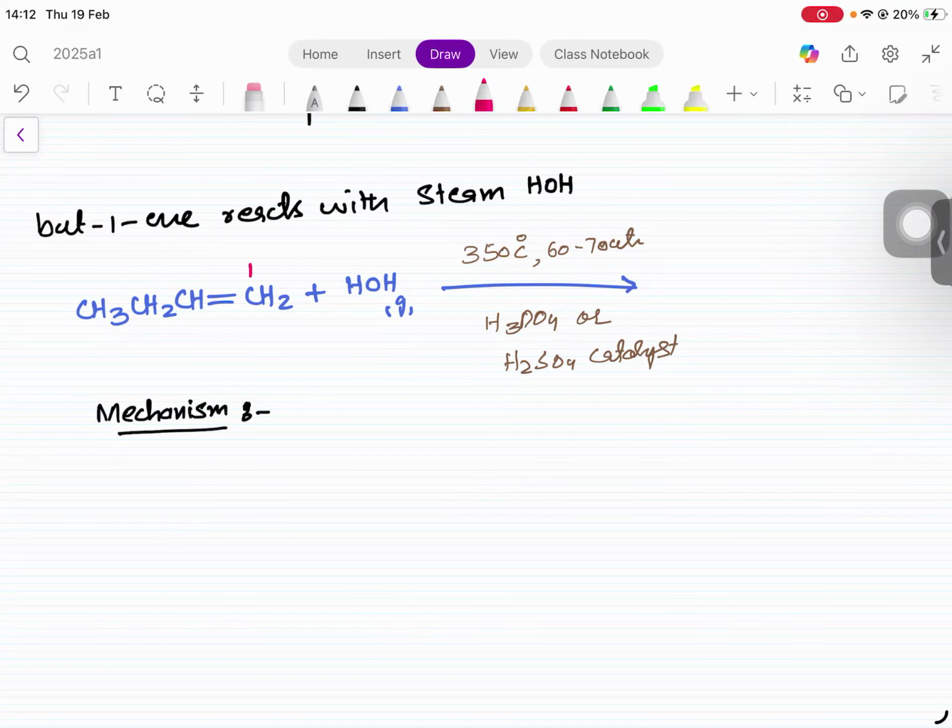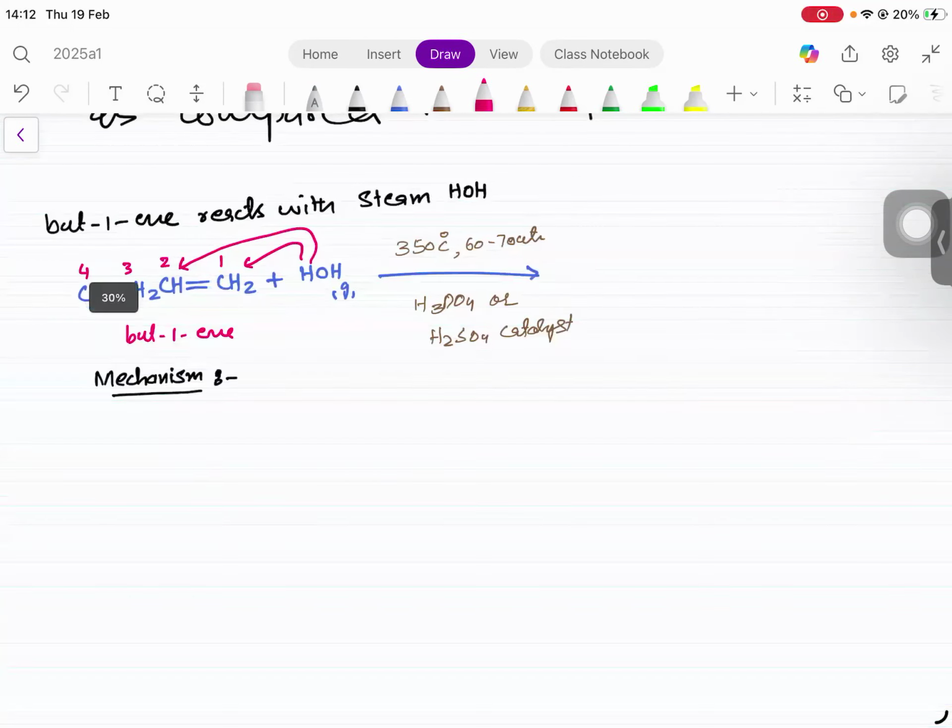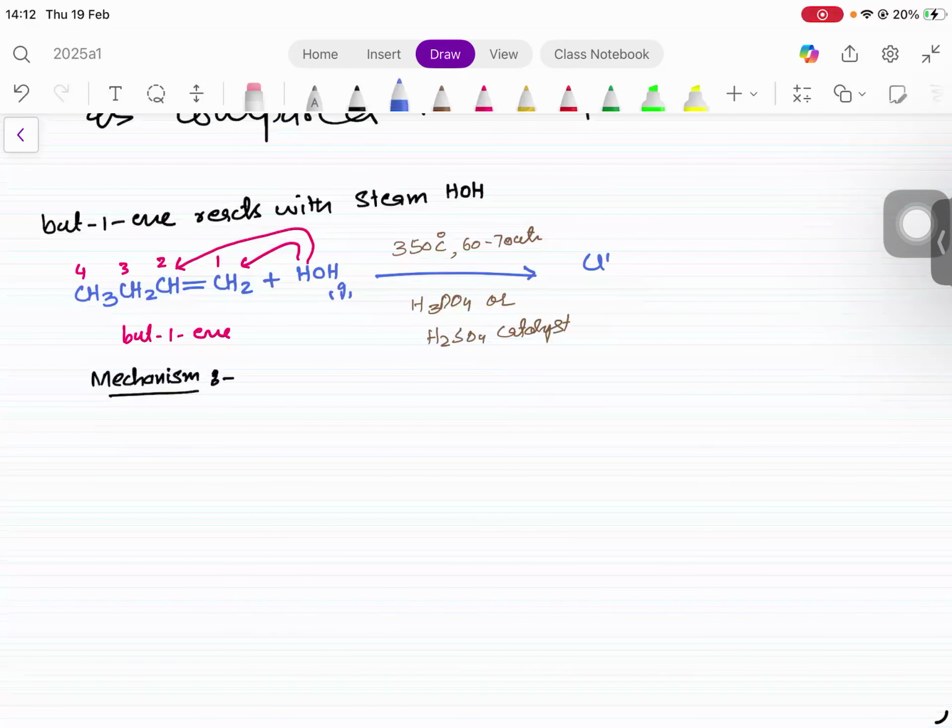Okay, 1, 2, 3, 4. This is butene. Okay, children, now H goes to this carbon or H goes to this carbon. Number 1, number 2. So if it goes to number 1 it will be major, right? Okay, so CH3, CH2, CH, and then OH, and then CH3.